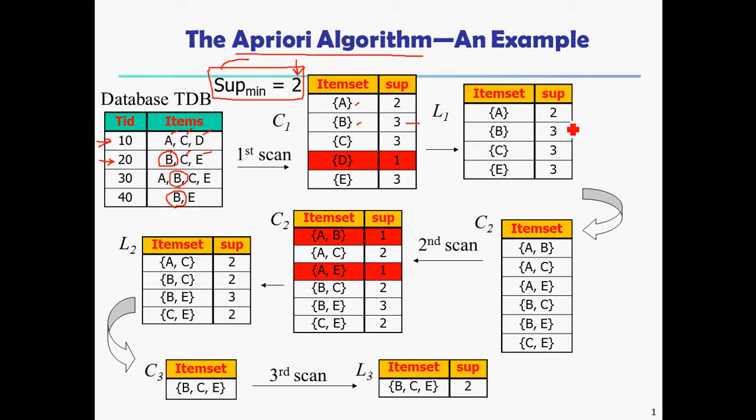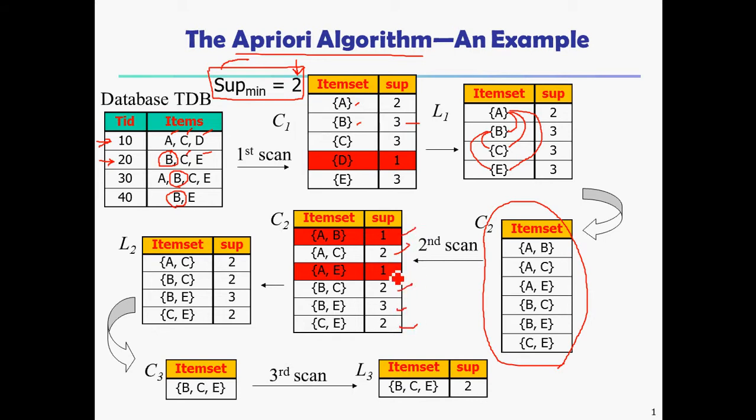And with this, the next step is very, very important. We want to associate A and B, A and C, A and E, and so on, B and C, B and E, and C and E, like this, right? These are other possible associations. For each association, we also need to count the frequency.